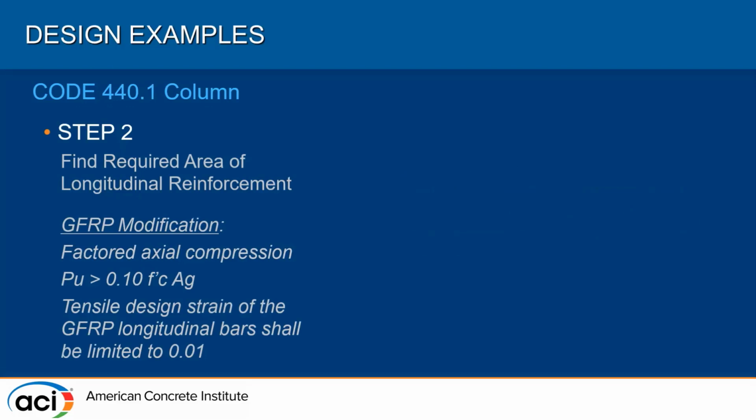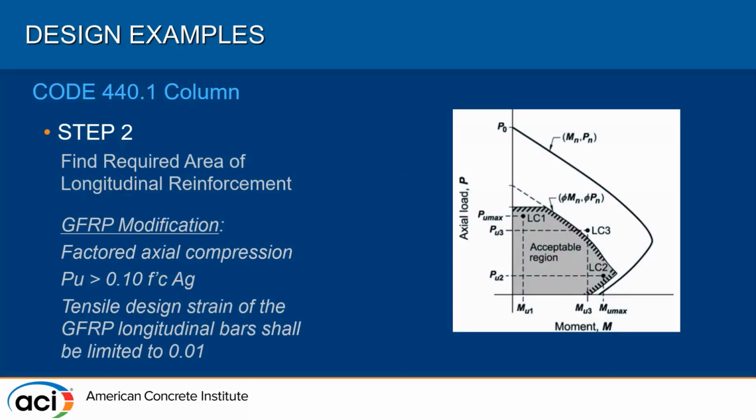So the big difference is finding your longitudinal and shear ties. The big thing to be aware of is because GFRP has two different modes, because it's not ductile, we have an overstrength factor to account for that. So the tensile capacity of the bar is really similar to steel, but we have a really interesting usage there that we need to be careful that all the different load combinations still are within the usable space.